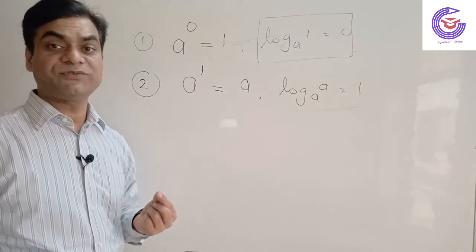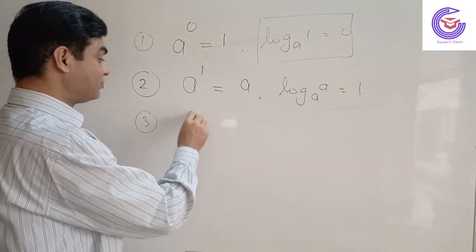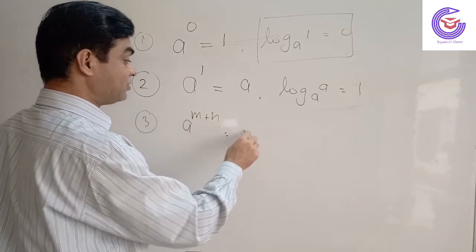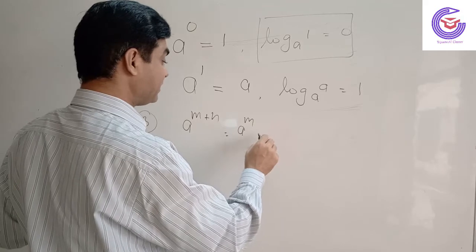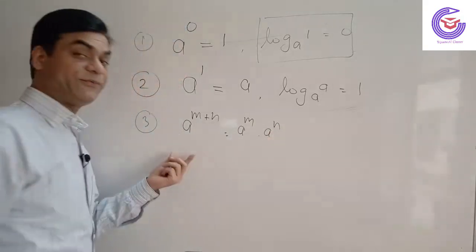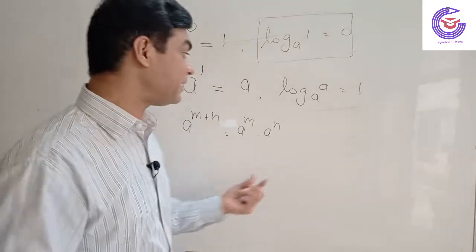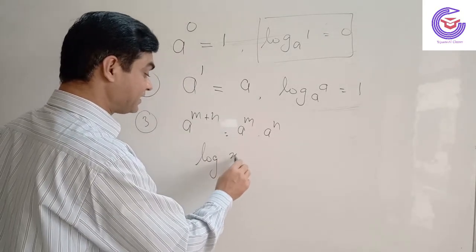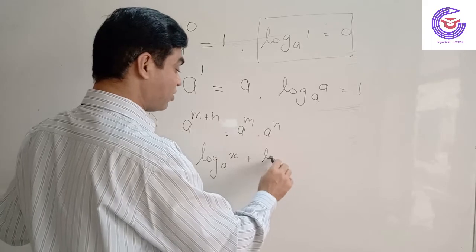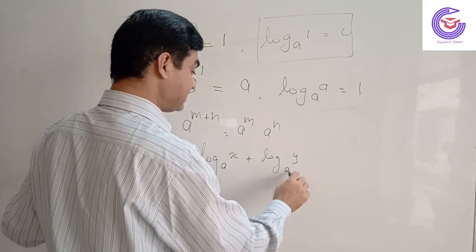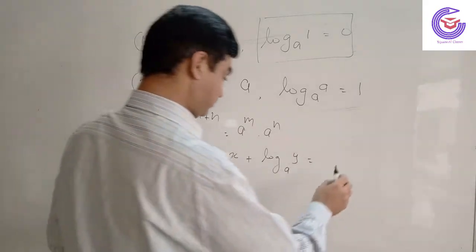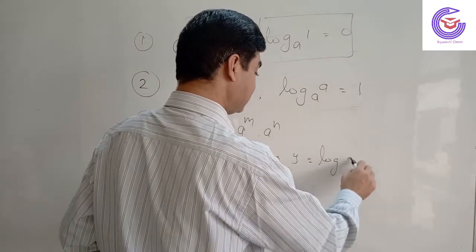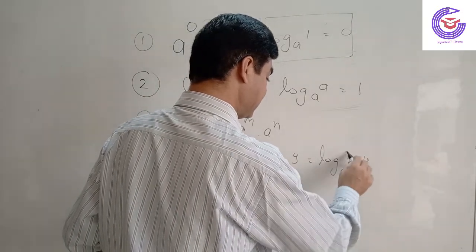A third property, which we are going to use very much: a to the power m plus n is equal to a to the power m into a to the power n. If you convert this into logarithmic form, it comes log x base a plus log y base a is equal to log x into y base a.